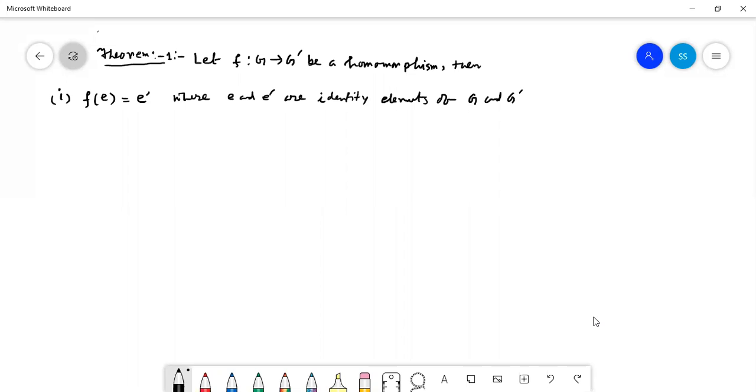Number 2, f of a inverse is equal to f of a whole inverse for all a belongs to G.